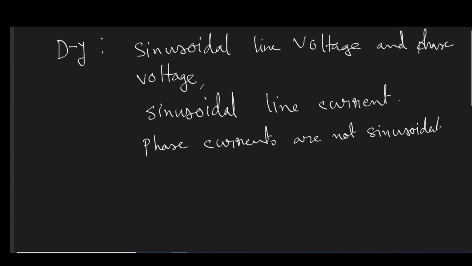Now, if you consider what happens to your star side, if you ground the neutral, then all third harmonic current will go to ground. But if you do not, then there will be a small chance, because that primary side third harmonic current will also try to flow.